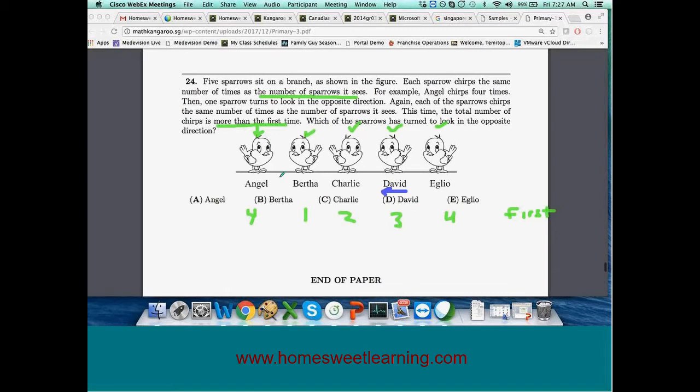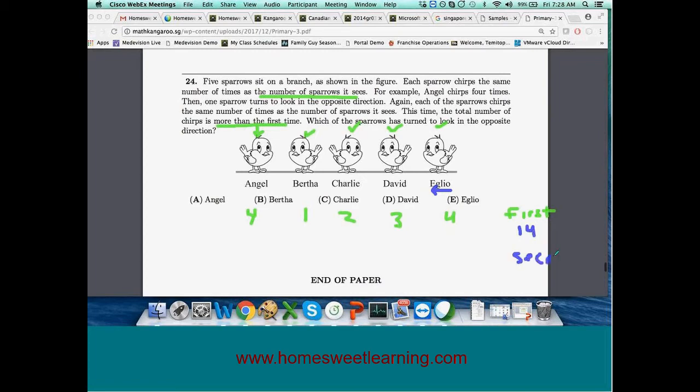So that's 3. Now we look at Eglio. He's looking left. So who does he see? He's on the side, so he sees 4. So in total, let's have 4 plus 1 plus 2 plus 3 plus 4. 14. Awesome.